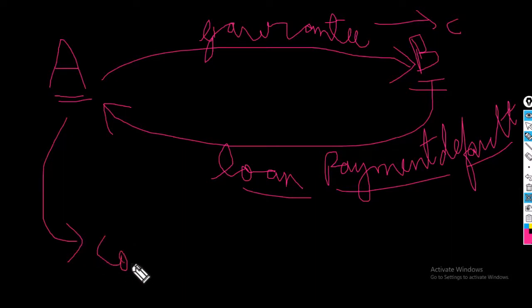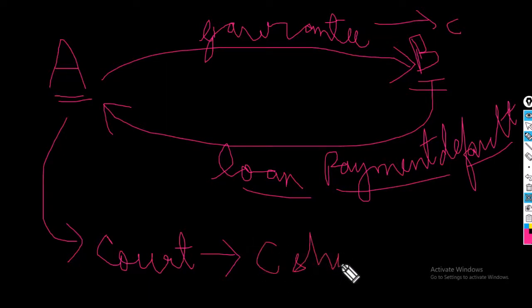A went to the court against B, and the court agreed that B is incapable of paying the loan, hence the guarantor C should pay. As per the court orders, C should be paying the loan.